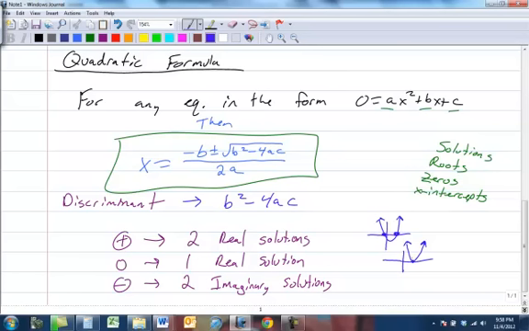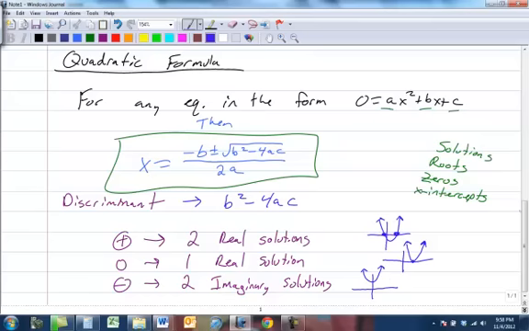Starts with a T. Ends in tangent. There you go, tangent. And then two imaginary solutions, which means it has no real solutions. It's not going to cross the x-axis at all. It does cross the y-axis, of course, but it's never going to cross the x-axis.